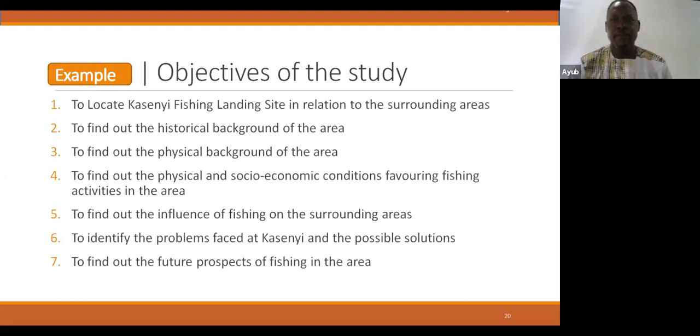You see? So, to locate, someone could say to find out the location of, and then you fill in. If you are studying a town, it could be to locate, then you tell us which town. Whatever you are studying, you really want to know where it is located.